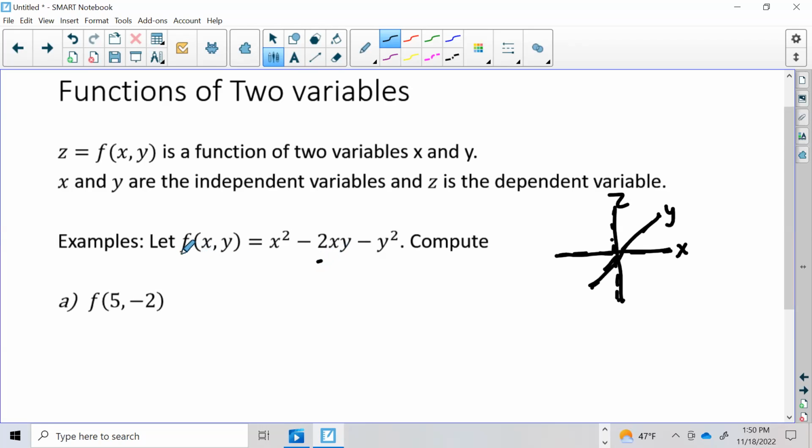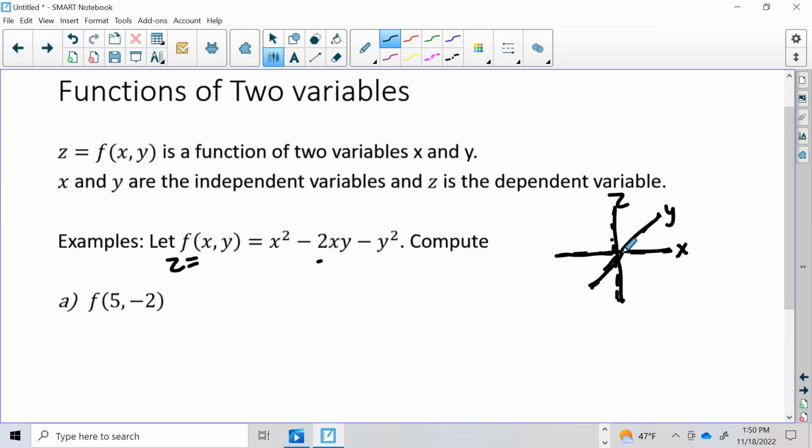And so if we look at this function f of x y equals x squared minus 2xy minus y squared, this function f, which again, sometimes they say it's z equals that, is going to depend on both the value of x and y. And if we were to graph these points, we are going to have 3 points in the end.